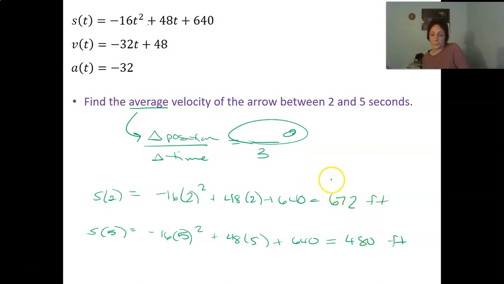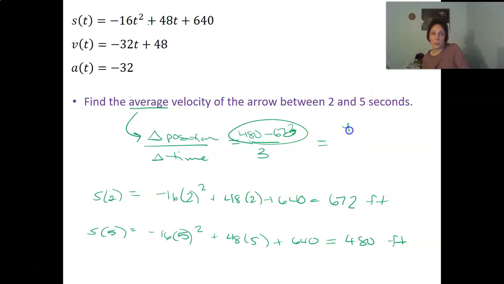Okay, so where did it go between 2 and 5? It was at 672 and now it's at 480. Now let's be really careful. The change here is negative. It went from 672 down to 480. So the number I want to put up here is 480 minus 672. Now how do I know that? We're talking slope here, right?